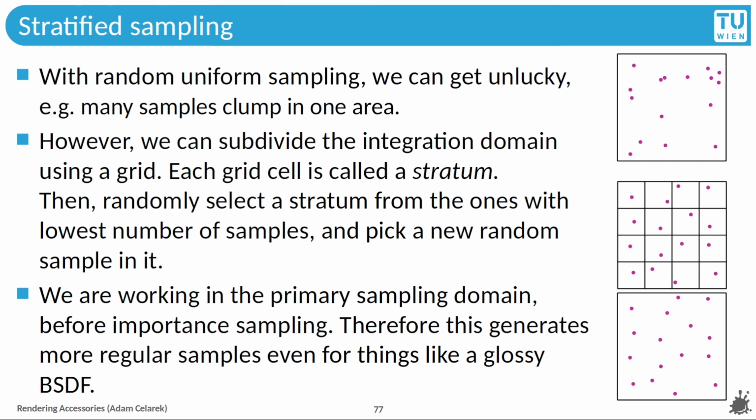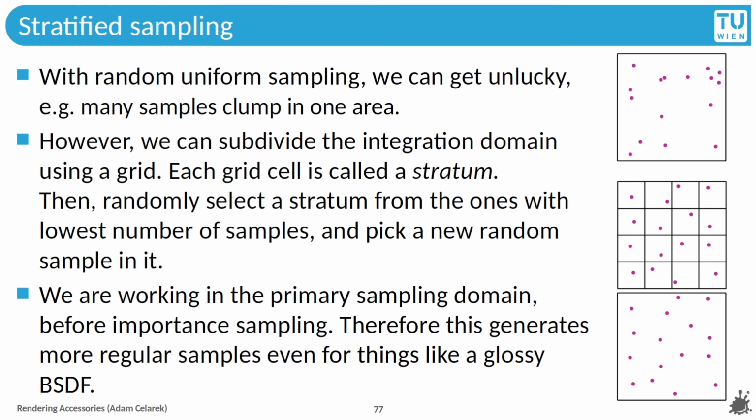This would just explode. However, there is a simpler solution. From the cells with the least number of samples, pick one randomly and then sample in it. That way, the cells stay relatively balanced. The maximum difference of samples per cell is 1.